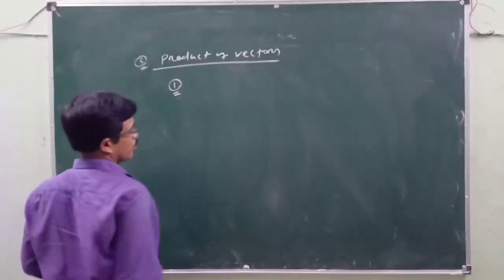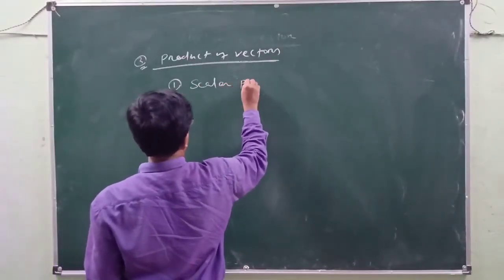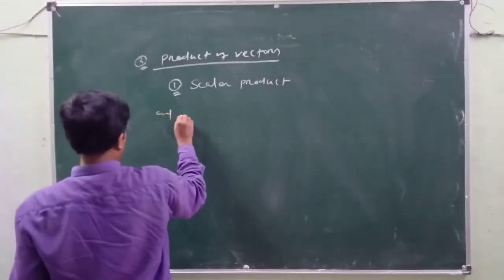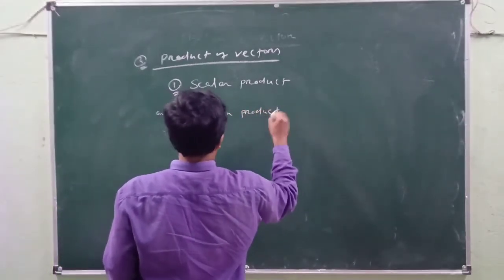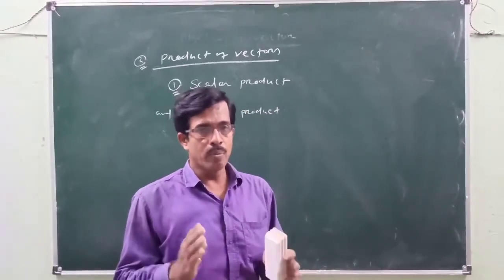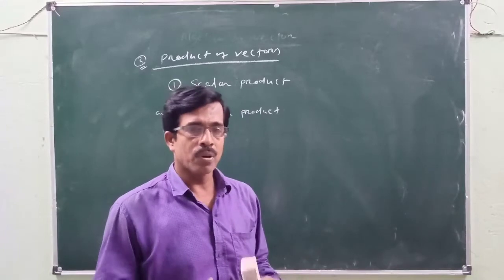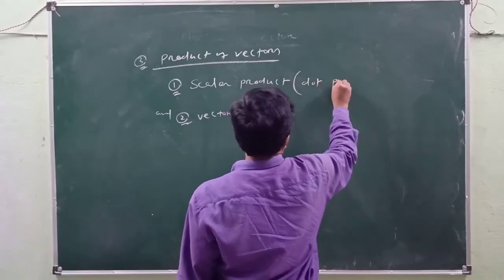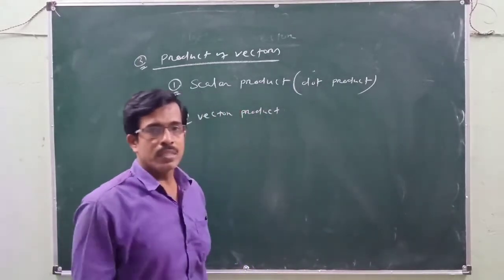One we call scalar product, and number 2 is vector product. You remember what is scalar product? That means we multiply two vectors with each other, by which rule we get a scalar, then that product we call a scalar product. Okay, it is also denoted as dot product because we take the operation as dot.